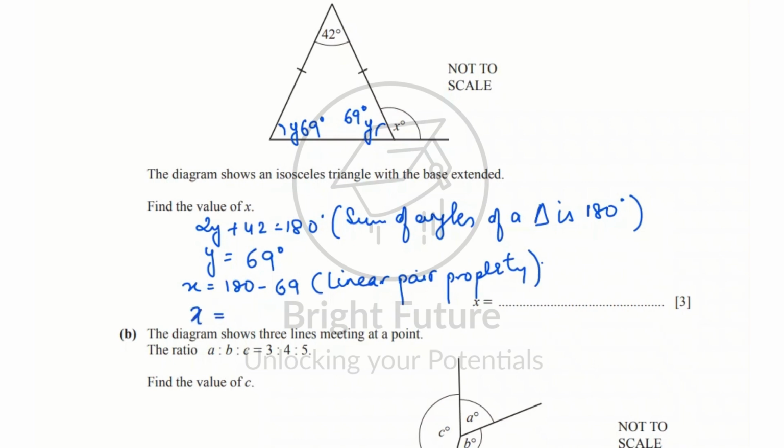So x equals 111 degrees. One mark for this step, 1 mark for this step, and 1 mark for your final answer.